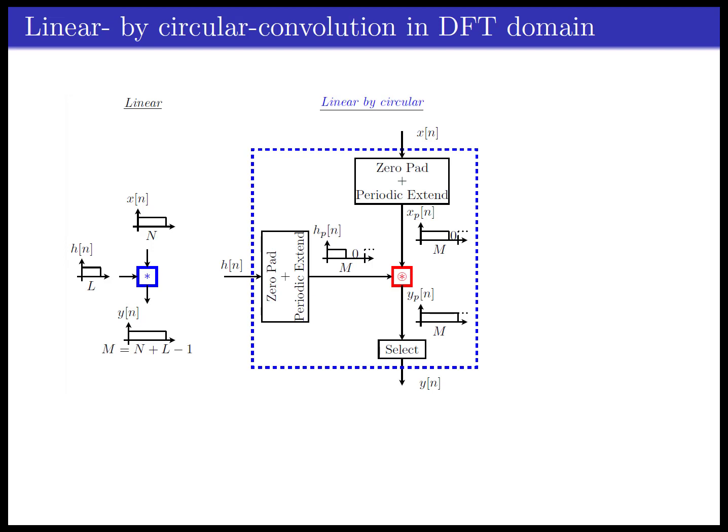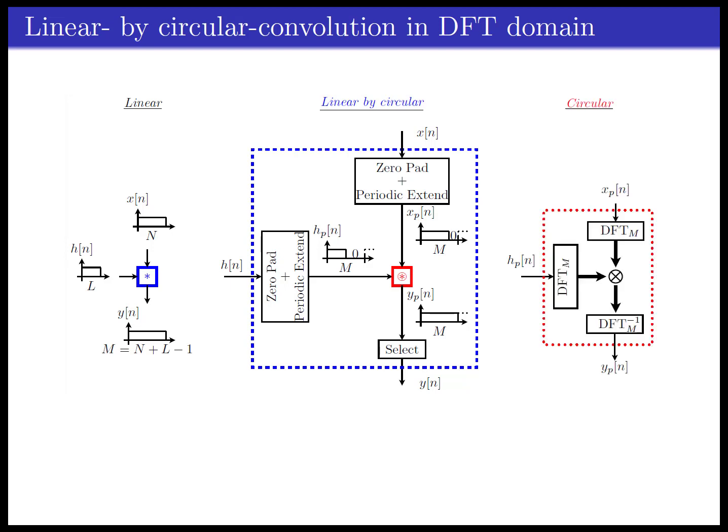When applying zero padding up to a length of at least M samples and then periodic extending both signal x and impulse response h, the result of the samples in the fundamental period of the circular convolution yp[n] is the same as the linear convolution y[n]. Finally, the circular convolution operation, as denoted in red in the figure, can be implemented by an element-wise multiplication of the DFT results of xp[n] and hp[n] respectively, and applying the inverse DFT to these results.